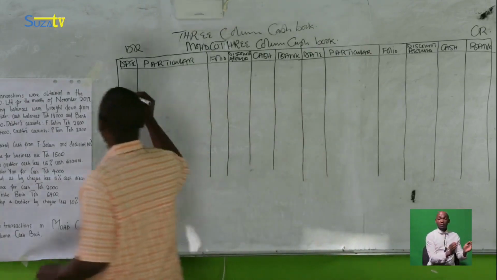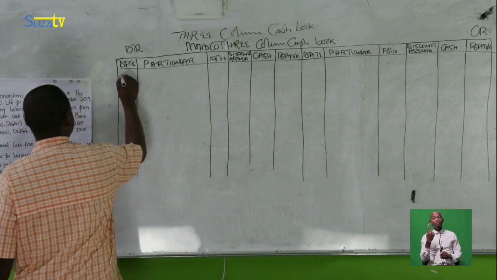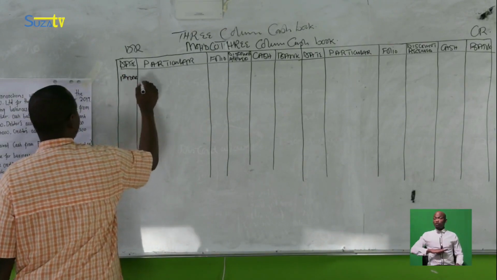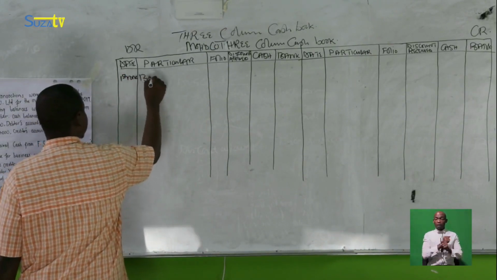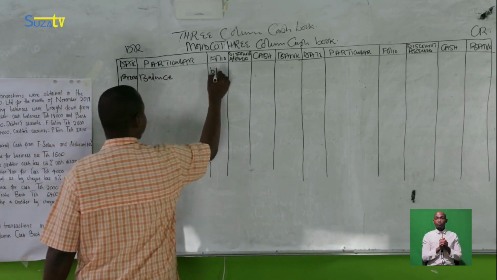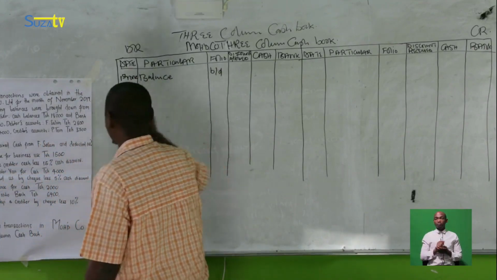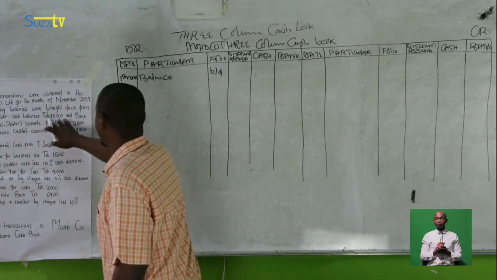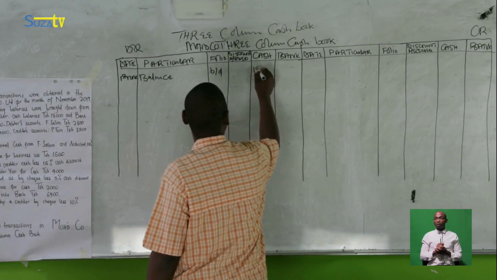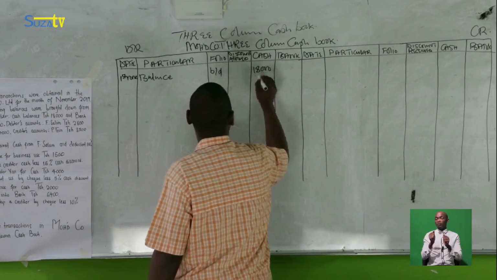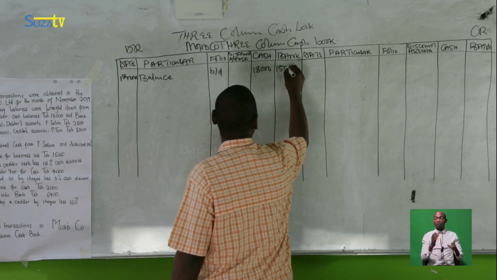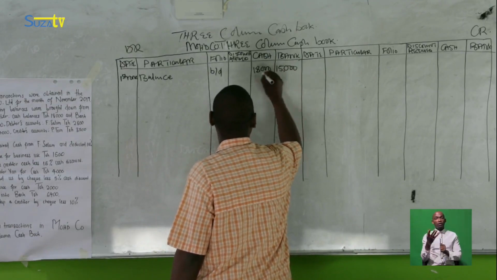Here, you say 1st November, you have a balance b/d. Cash, you have 18,000. And the bank, you have 15,000.